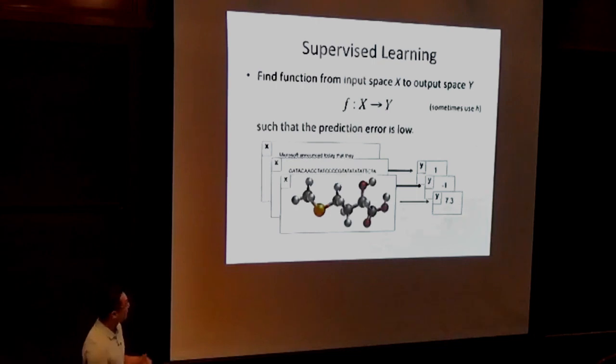Then again, we want to find an F that has low error in terms of this mapping on a pre-collected data set of XY pairs. So that's supervised learning in a nutshell.